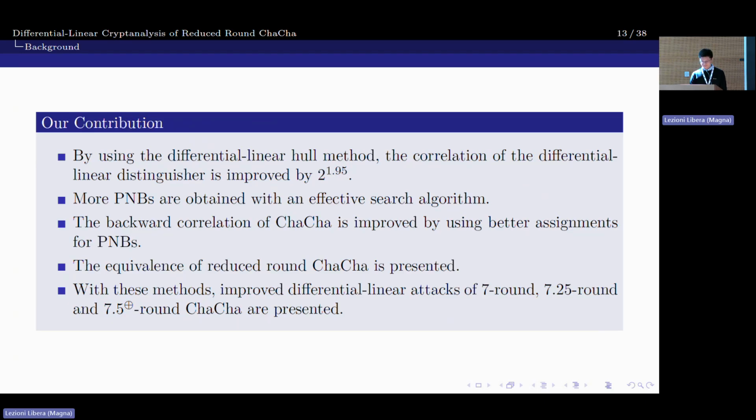The correlation is improved by 2 to the power of 1.95. Second, we propose an algorithm to search more PNBs. Then we use better assignments for PNBs, and we got a better correlation. And finally, we give a proof on the security requirement of the reduced-round ChaCha.